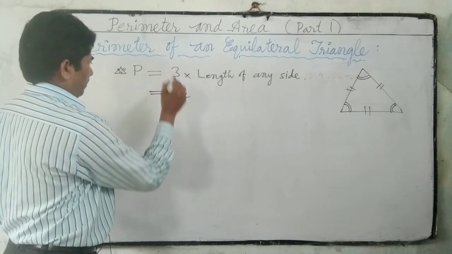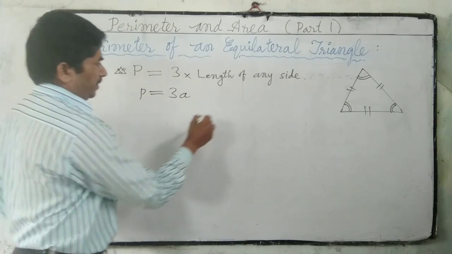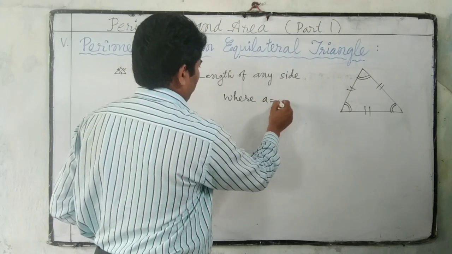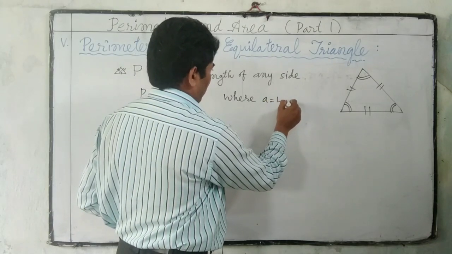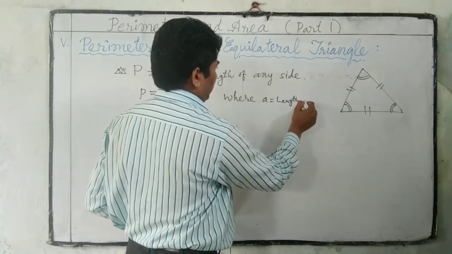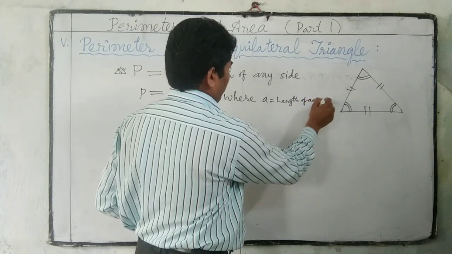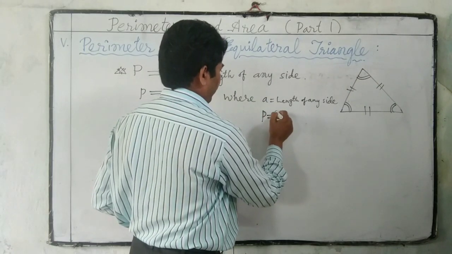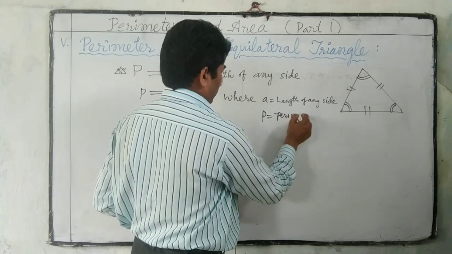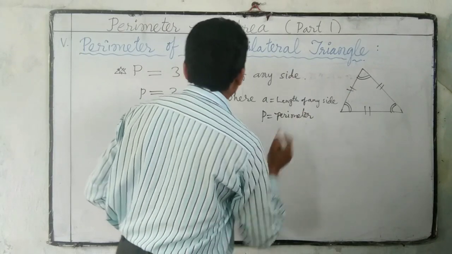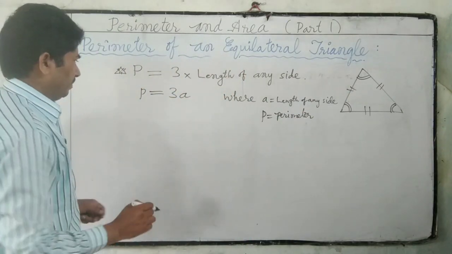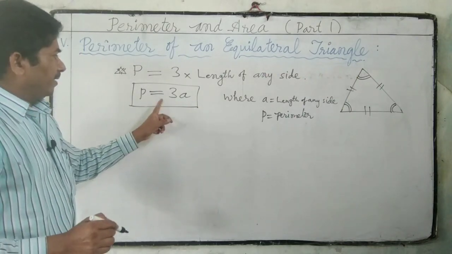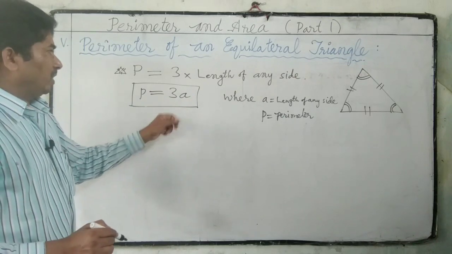So 3 into A. P is equal to 3 into A, where A is equal to length of any side, P is perimeter. So, perimeter of an equilateral triangle P is equal to 3A.